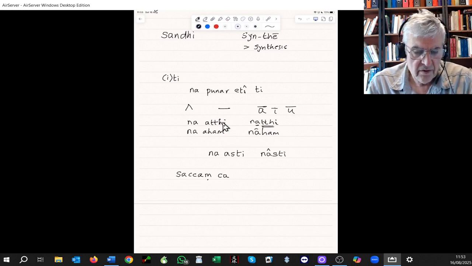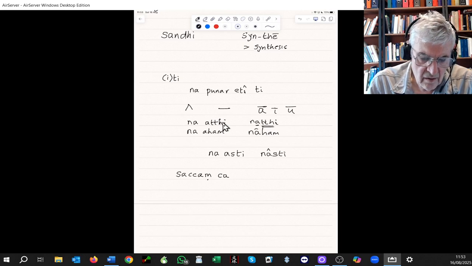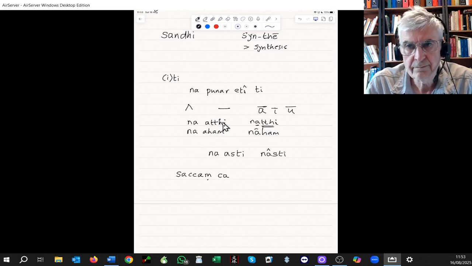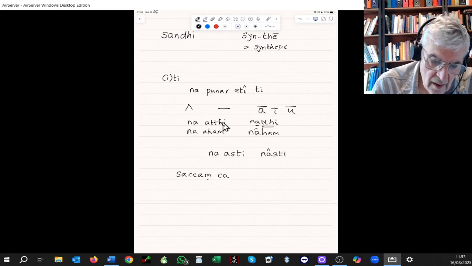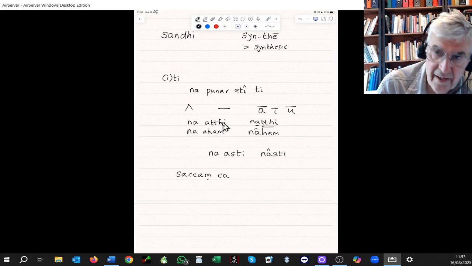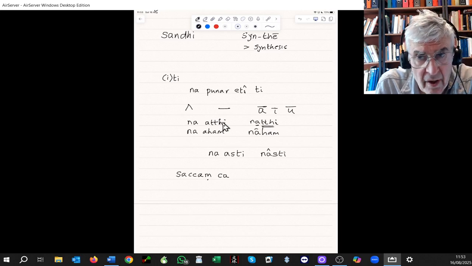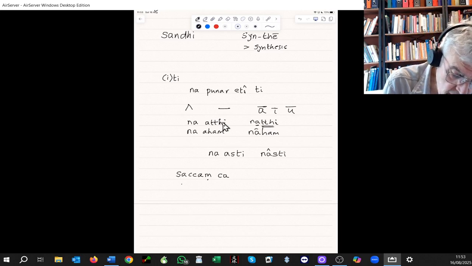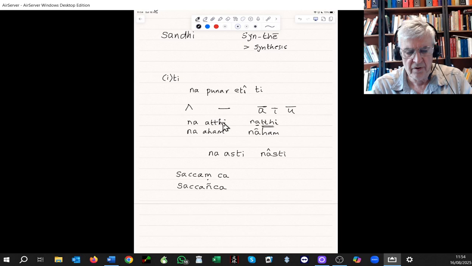You can write satyang plus cha, but it's also equally correct, you'll find both, they're both completely allowable. You can also find it written in this way: take that nasal and change it to a palatal nya, satyancha, and when it's written like that, typically the words will be joined into one.